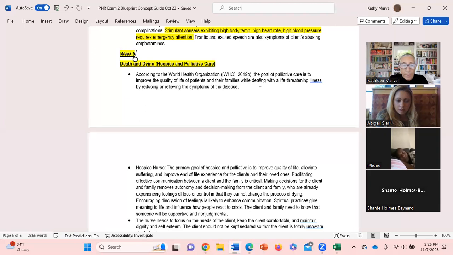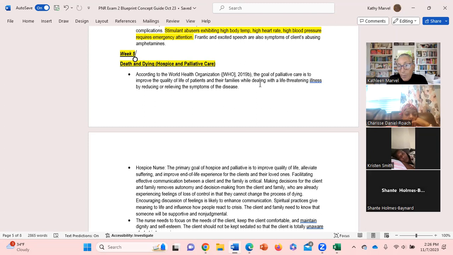Okay, what's the hospice nurse doing? What are we focusing on? Keeping them comfortable until they pass. Improving the quality of life, keeping them comfortable, trying to alleviate as much suffering as possible. And don't forget, we have our client, but we also have the family.